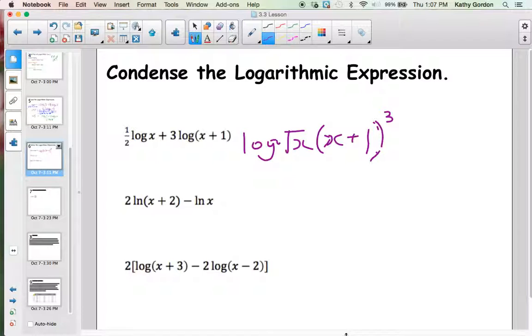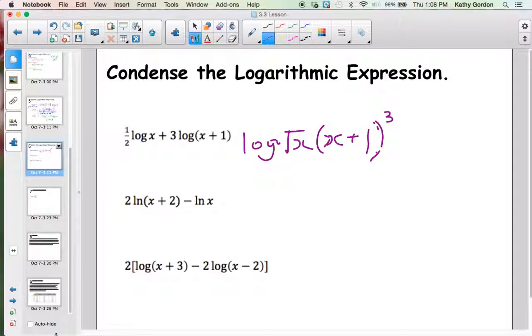Alright, good. So we took the 1/2, put it back up into its exponent spot, and realized that's really just square root. Then we took the 3, put it back up in its exponent spot, and with the two logs being added, we multiply those two things together, and it's one log of that whole thing. I don't necessarily need brackets around this whole thing because of the multiplication. The multiplication would happen before I did the log. If you did put brackets around the whole thing, that's fine, but you don't need it in this case since they're being multiplied.